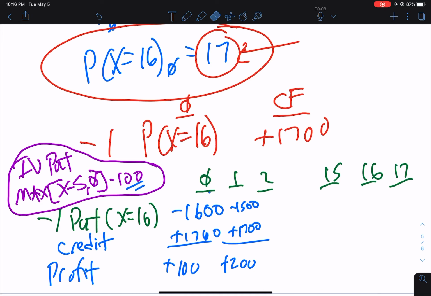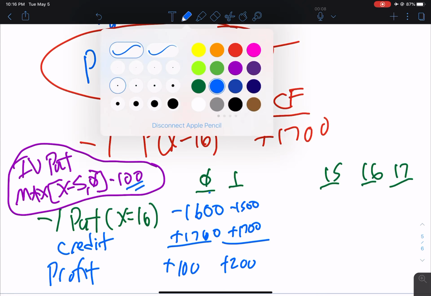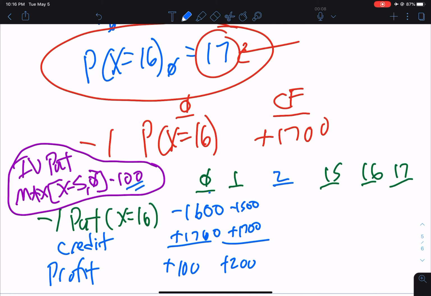What if the stock price at OE was $2? Well, put it over here, $2. Well, the right to sell at 16, stock price of 2, so we have over here 16 minus 2, which is 14, that's bigger than 0. 14 times 100 is 1,400, the value of the put.